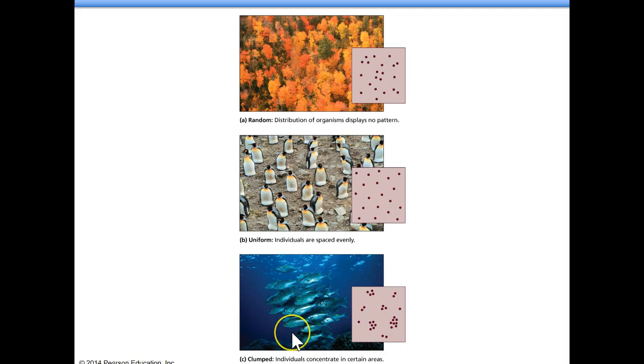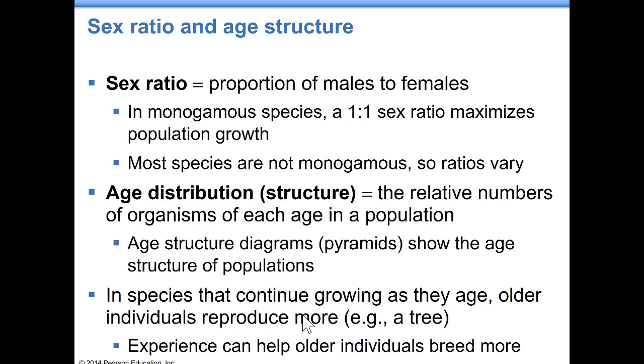And then when we consider clumped, think about schools of fish. I think of Finding Nemo, when they're asking the fish how to get to the East Australian current, and they clump up into the shapes and symbols and the arrows. So that's what these individuals are going to do in the way that they're distributed throughout.